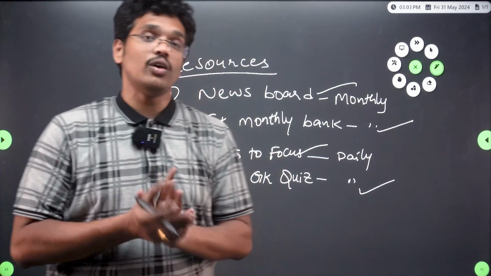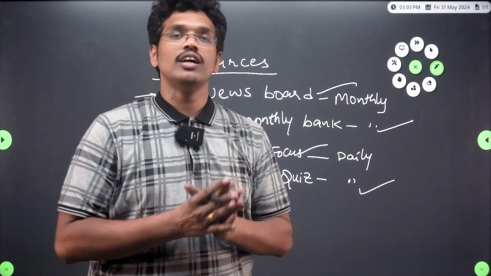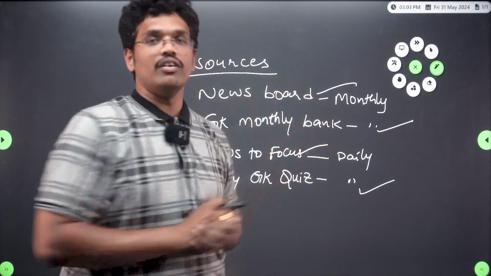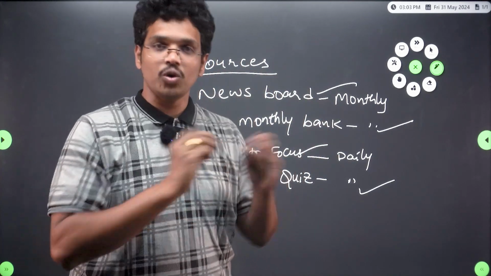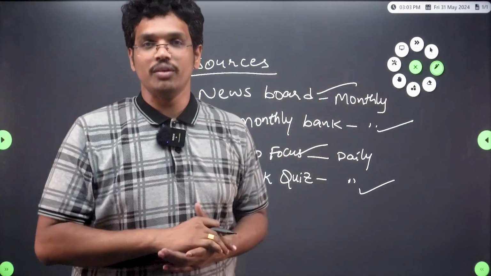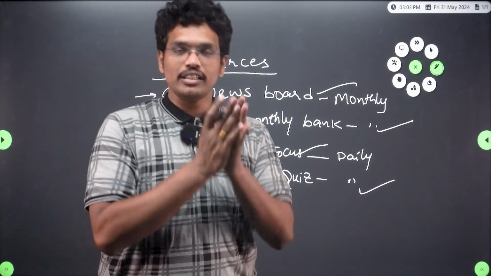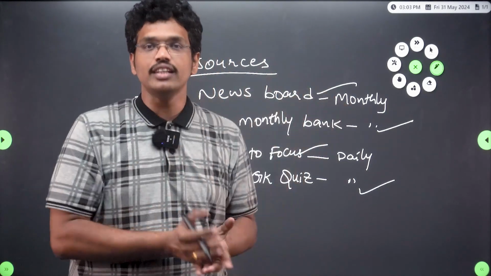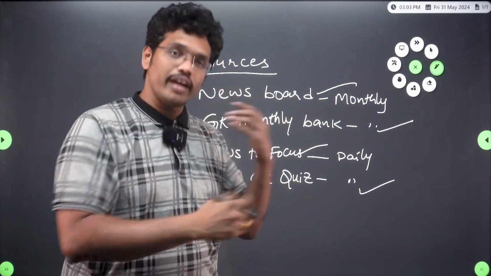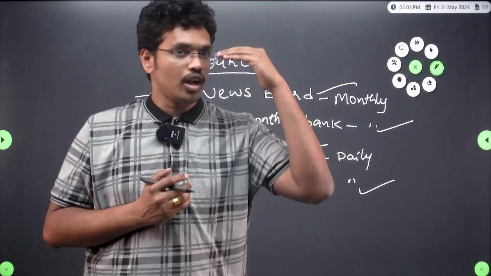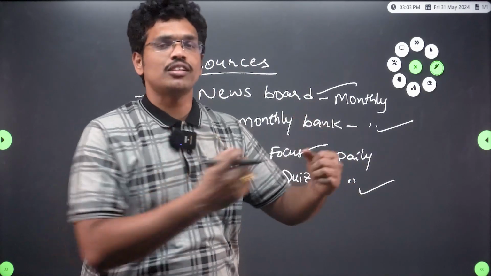Why am I saying only 80%, why not 100%? Because no one can assure 100% of the syllabus will be covered for current affairs, because current affairs is an ocean. You don't know where the questions will come from. Based on the previous years' question patterns and observation over several years, we have chalked out a plan, a technique, of what topics to follow and what topics to avoid.